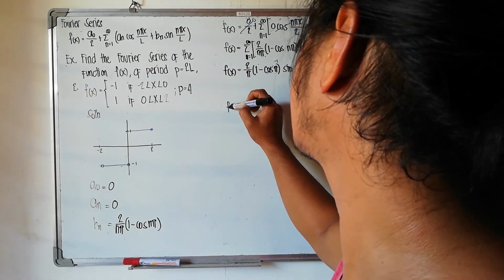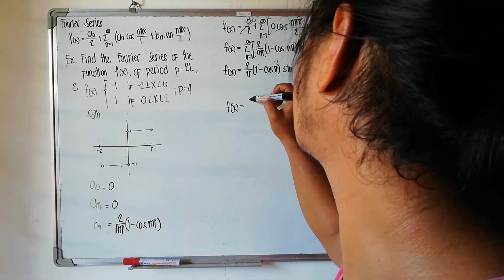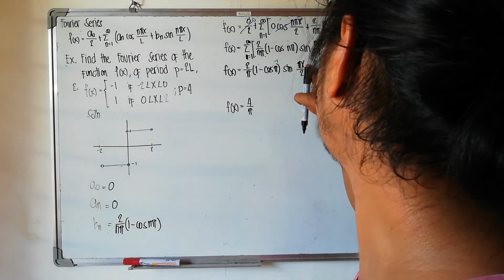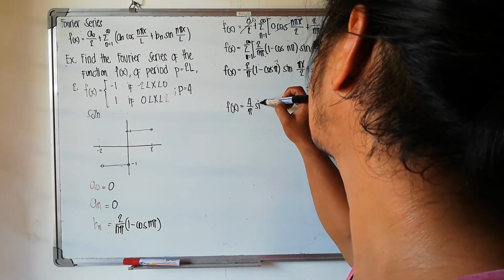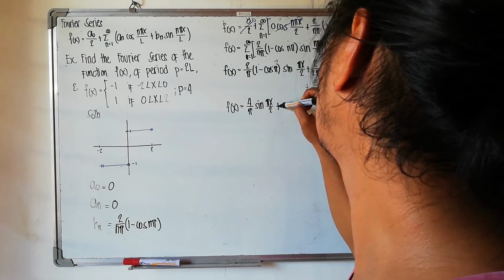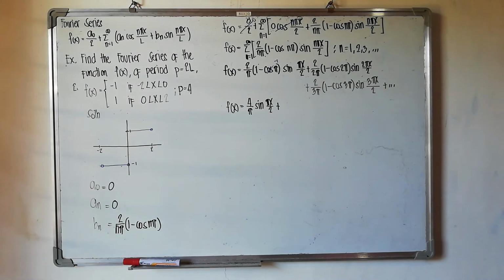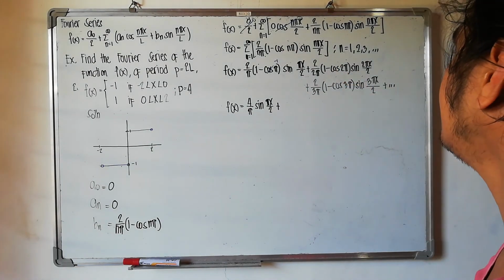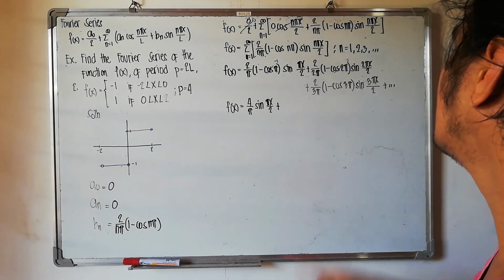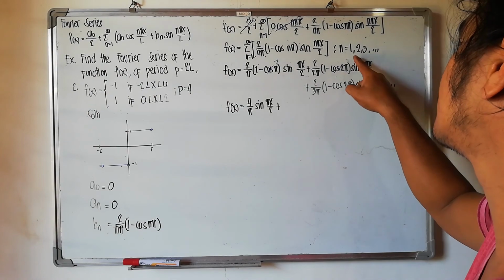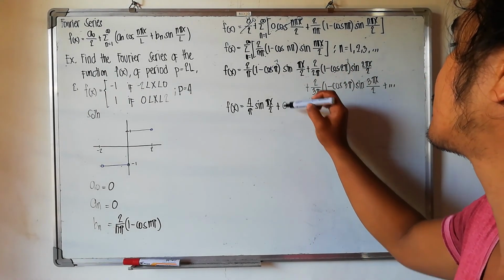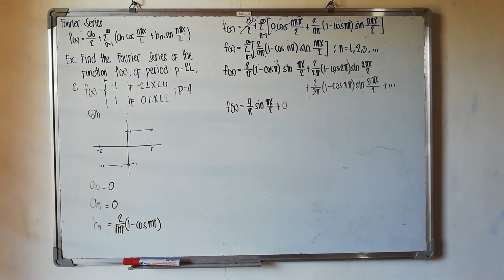So your f of x is equal to 4 over pi times sine pi x over 2, plus cosine 2 pi is equal to positive 1. 1 minus 1 is equal to 0. 0 times any number is equal to 0. So for your second term, when your n is equal to 2, then it is equal to 0.